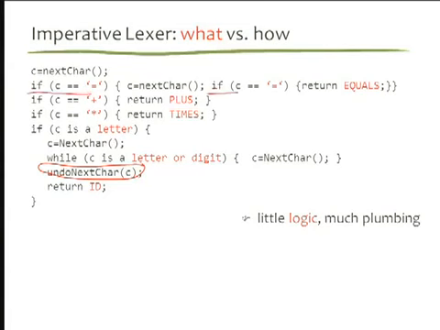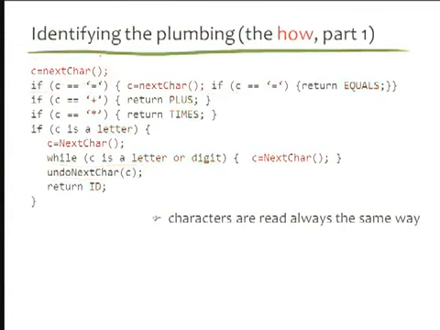The reading itself, right, of the characters, the fact that they disappear from the input, that's the same in all the scanners. So why actually make it manifested at the top level? Do you see anything else? So let's see, I have a few here. So the reading of the character, right, is the how part, how things are done as opposed to what needs to be done.